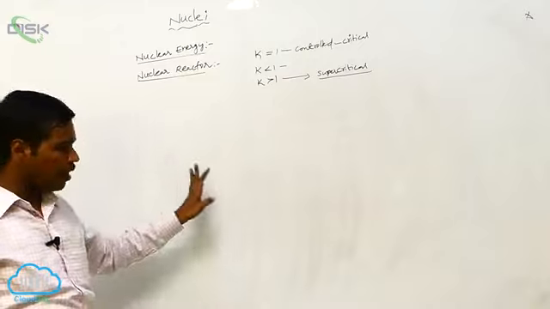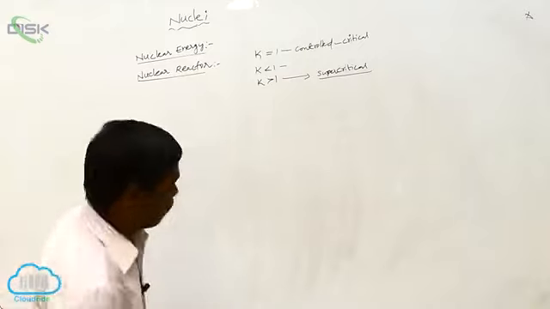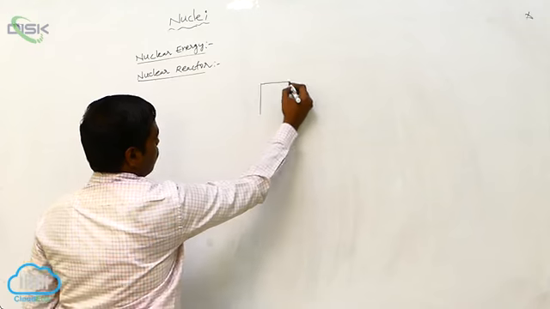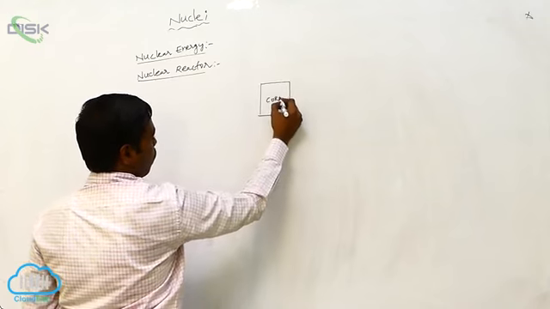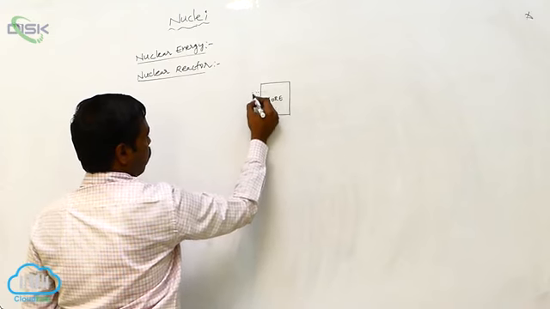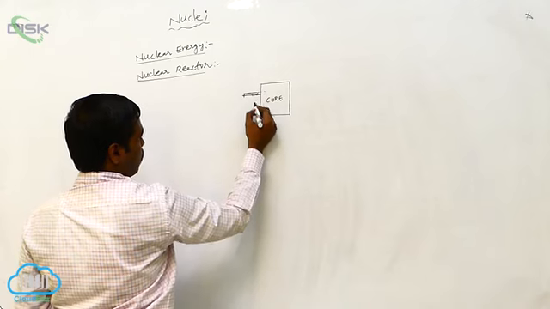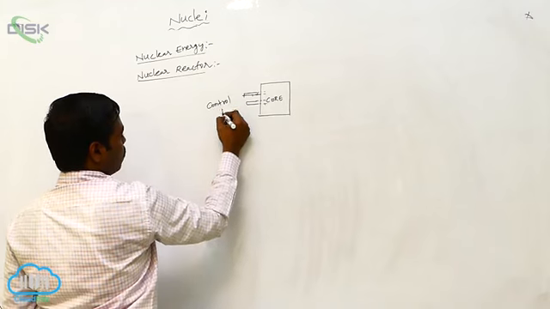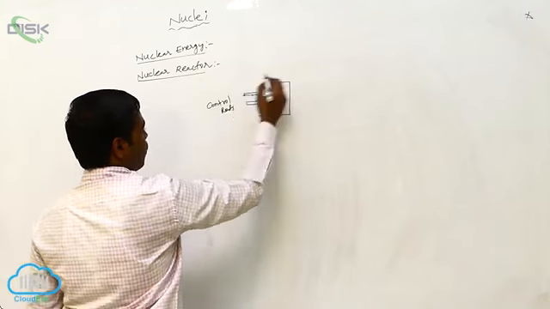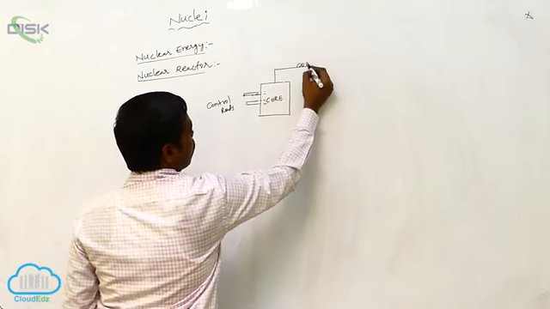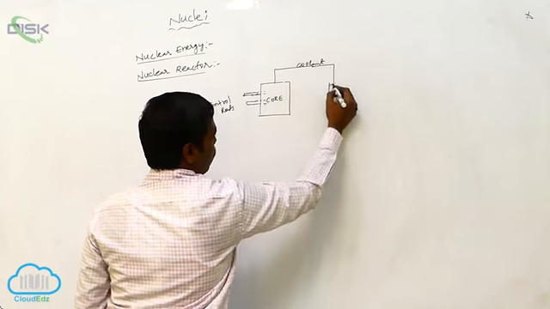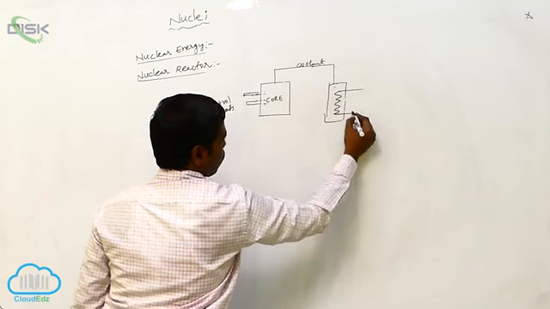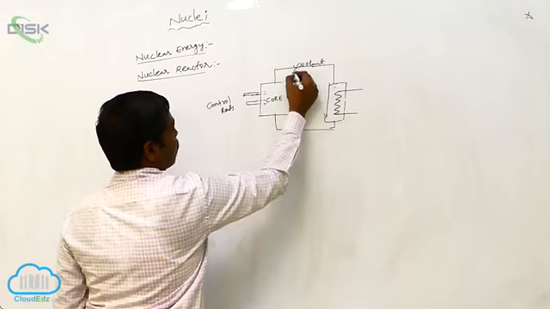In this nuclear reactor, this is the core, and for this core these are the control rods, and this is the coolant.